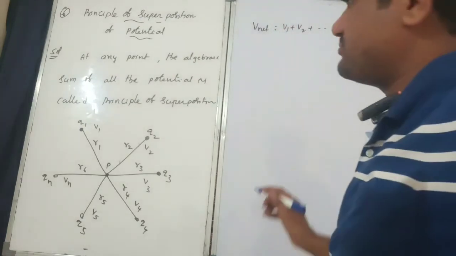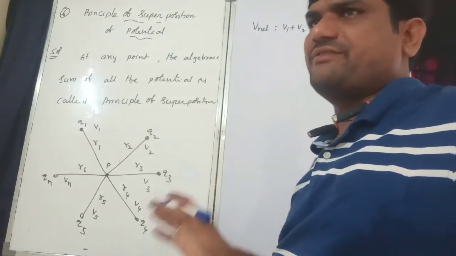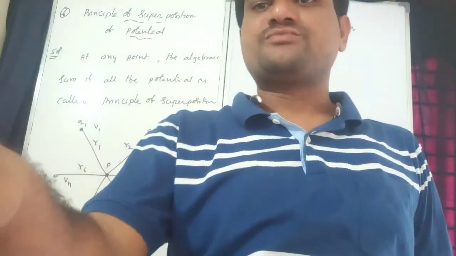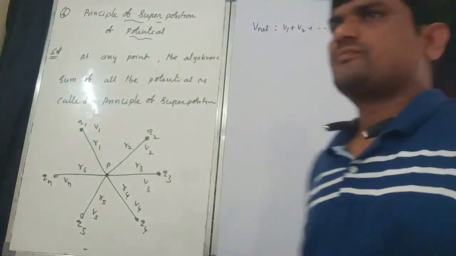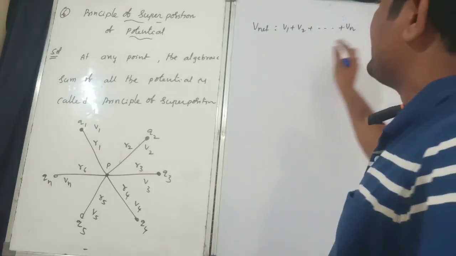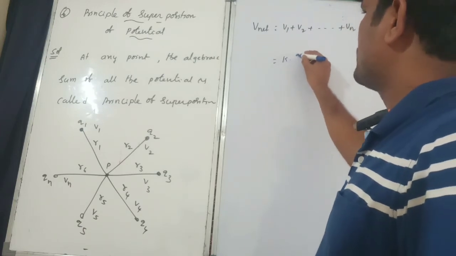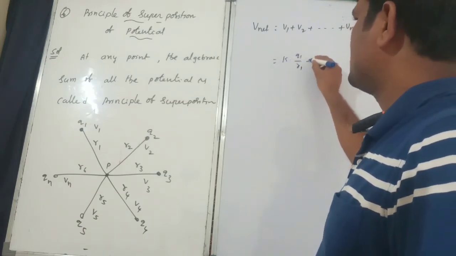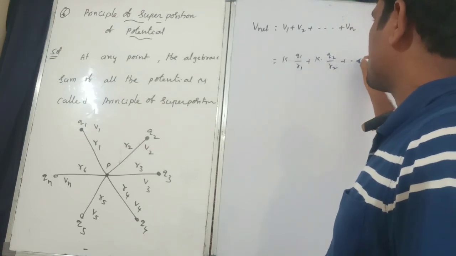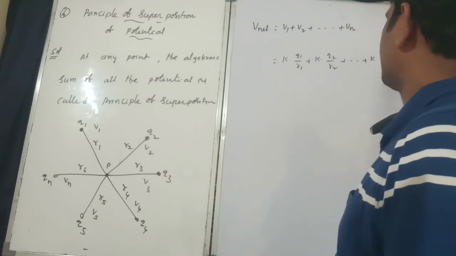Correct? Algebraic sum, not a vector sum, algebraic sum only. This is not a vector quantity, so scalar quantity, right? So V net is equal to V1 plus V2 plus so on Vn. So V1 is equal to K Q1 by R1, K Q2 by R2, plus so on K Qn by Rn.